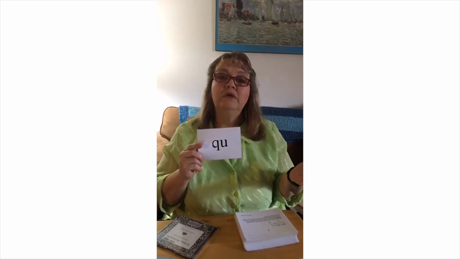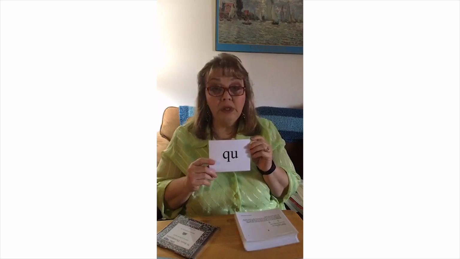But you notice when I said the rule, what did I say? Q always needs a U. I'm using letter names. So one of the questions we get asked is, how does a student learn letter names if we're just focusing on the sounds? We will teach letter names, we just don't do it from the very beginning. We want to drill sounds when we're reviewing phonograms, and then when we talk about rules, and we're talking about what role that letter has in a word, then we use letter names.